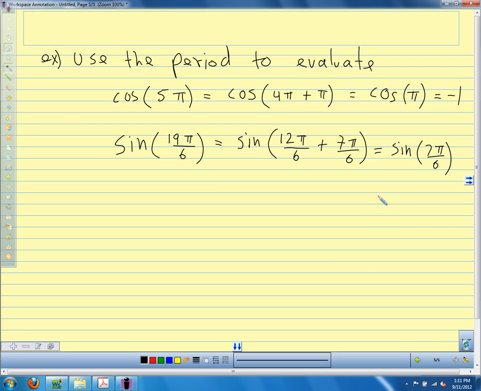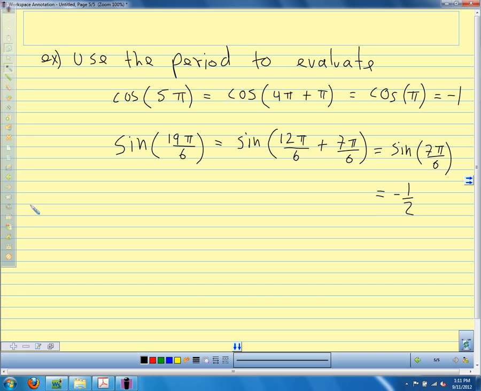And on our unit circle, we go to 7 pi over 6. What's our y coordinate? Anybody got it? 7 pi over 6? -1/2.